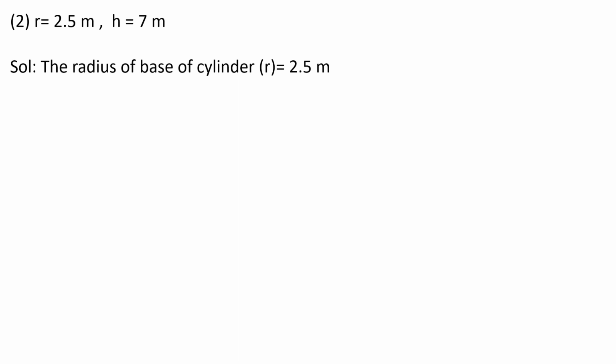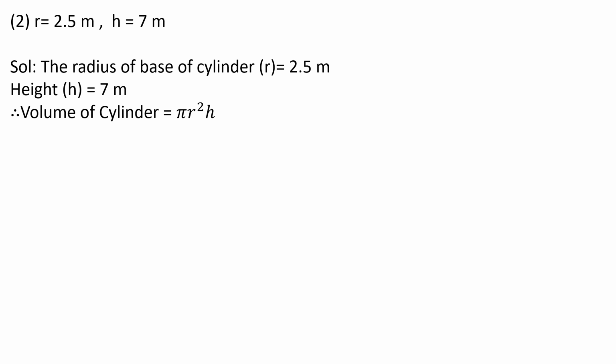So we'll write down in the solution: the radius of the base of the cylinder r equal to 2.5 meter. Then height h is given equal to 7 meter. Now students will first write the formula. So we'll write down: therefore volume of cylinder is equal to pi r square h. Now I'll substitute the values.